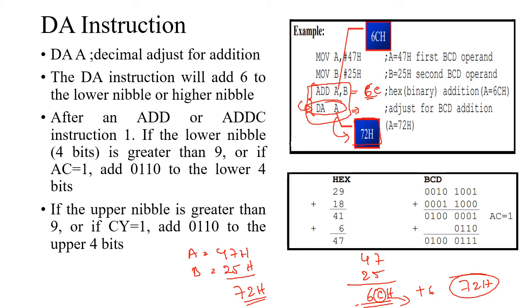So the main takeaway is that the DA instruction, decimal adjust for addition, converts a non-BCD result generated when you add two BCD numbers into a BCD number itself.